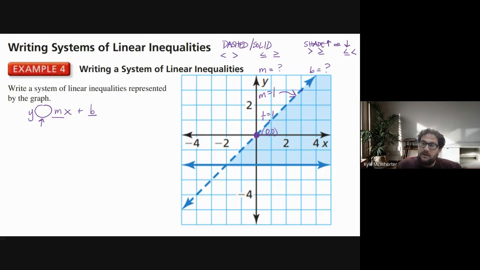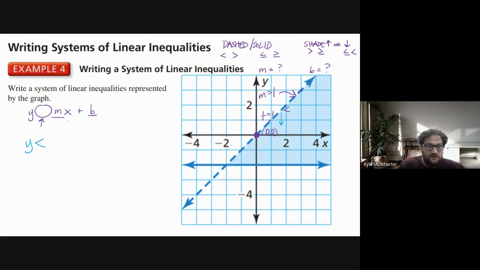And it's a dashed line, so there's not going to be the equal to part under it, and it's shaded below, so it has to be the less than sign. So when we write this inequality, we do y, shaded below and a dashed line, we just do less than, and then mx plus b.